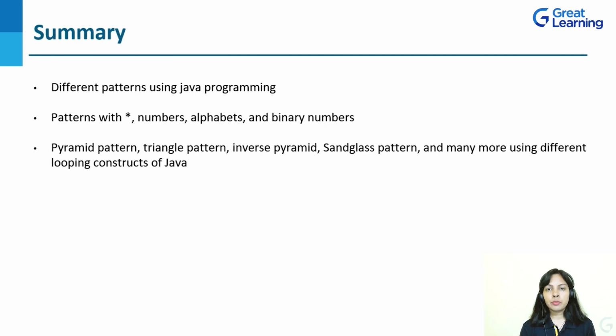The basic concepts required for pattern programming are the loop concepts: the for loop, nested loops, and do while loops. We used all these looping constructs to write programs that display a particular pattern in Java. Few named patterns which are very famous or often asked in interviews, like pyramid pattern, sandglass pattern, inverse pyramid pattern, triangle pattern, and many more, we discussed in the session.